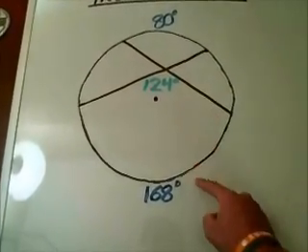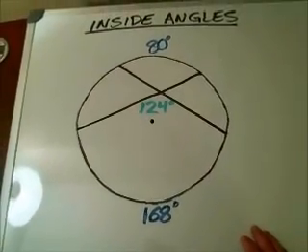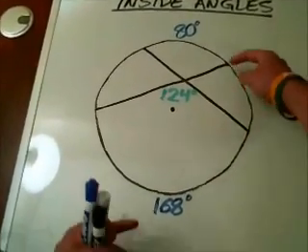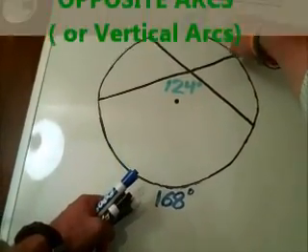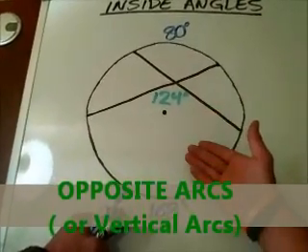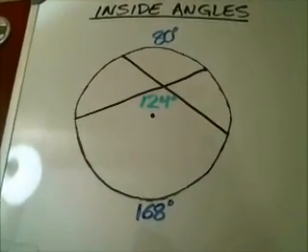Notice that these measures are not the same. This is not like a central angle. Now, this top arc is 80 degrees. These two arcs here are called opposite arcs because they're on opposite ends of the circle. Now, I want to show you a unique relationship here.